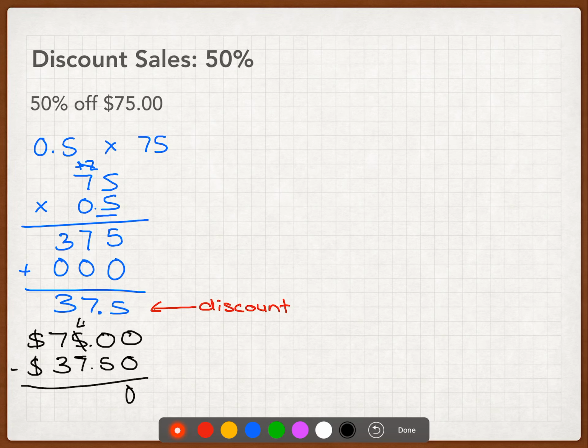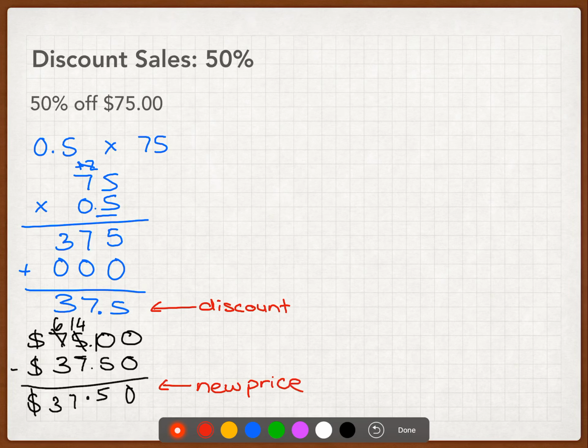We need to carry to grab enough units. 10 take 5. Once again, 14 take 7, and 6 take 3. Now we have found our new price.